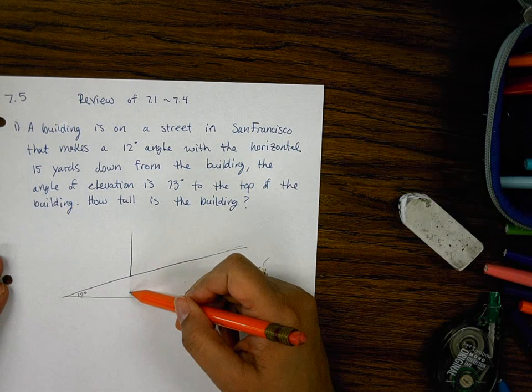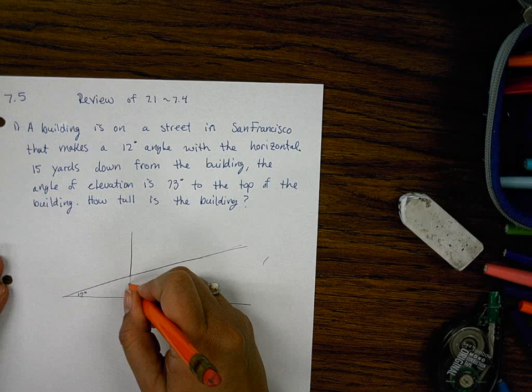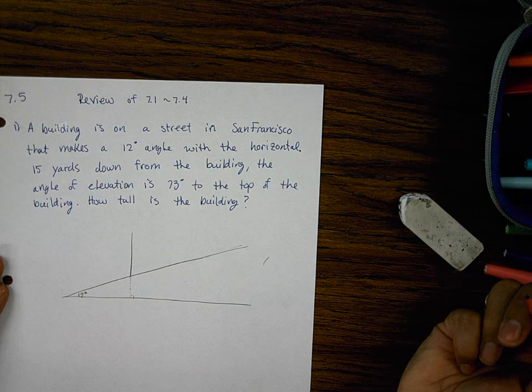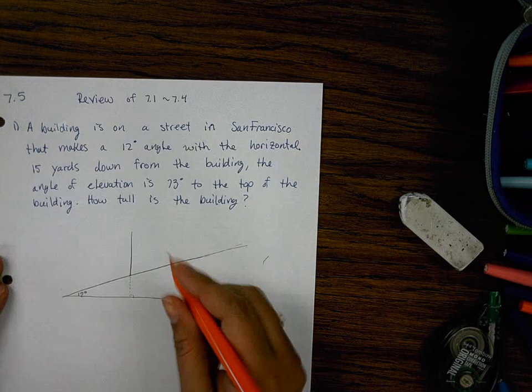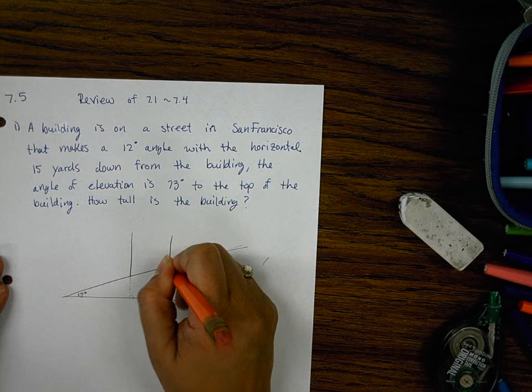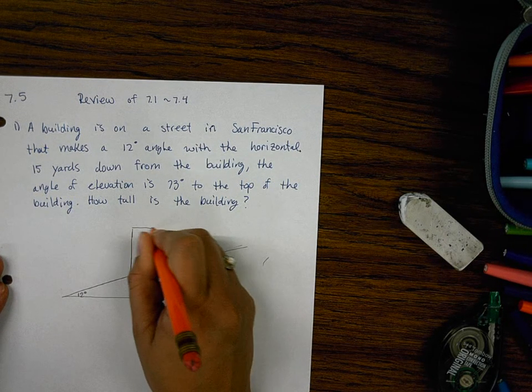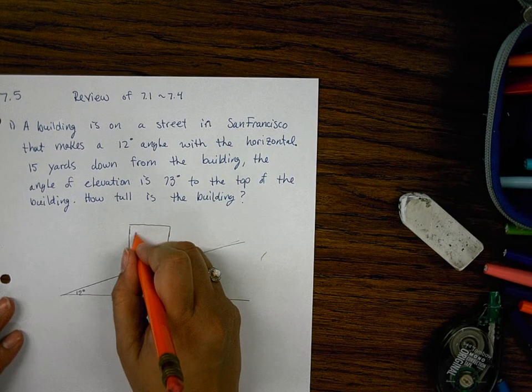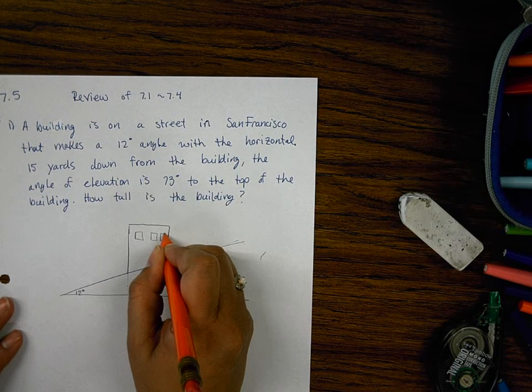I'm just going to remember now your buildings will be perpendicular with the horizontal. You don't have to draw this piece in. I'm just trying to show you that it is perpendicular with the horizontal. The buildings are not slanted either way.